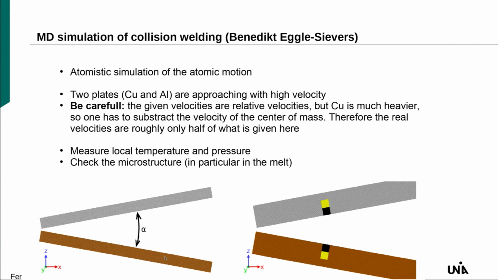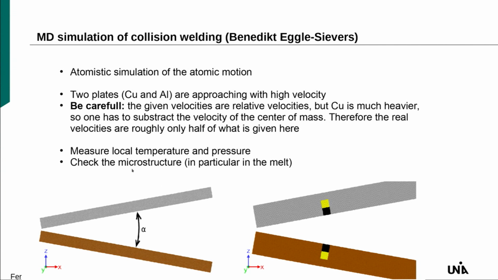But since copper is much heavier than aluminum, the center of mass is not at rest. I mean, this can be compensated, but this means the values he gives for the velocities are roughly a factor of 2 too big. So in most of the slides, I divided the velocities by 2, so it's a very rough estimate.